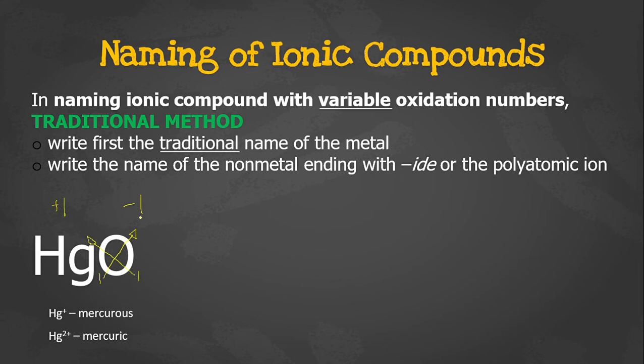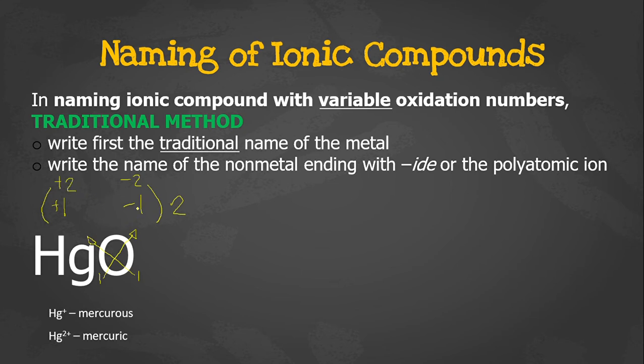So, what most likely happened is there was a simplification. We reduced them to lowest terms. So, to correct this, we are going to multiply both charges by 2. Okay? So, this becomes negative 2, and this becomes positive 2. So, it's positive 2.